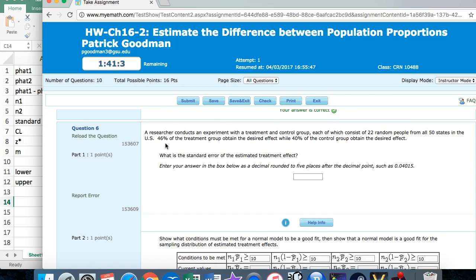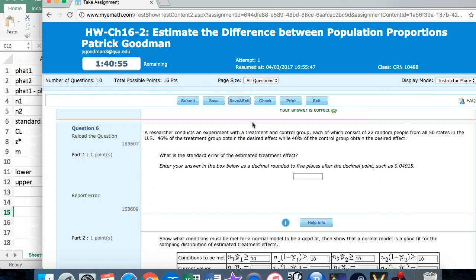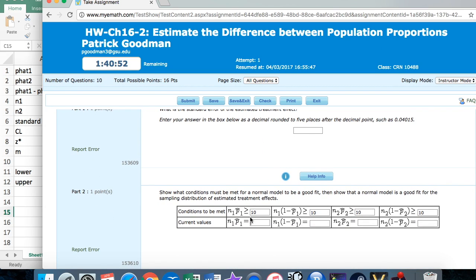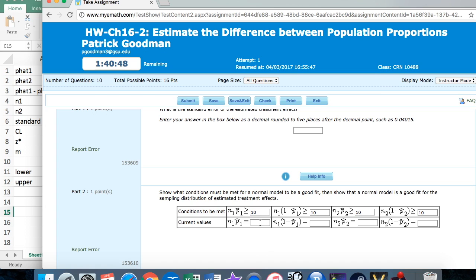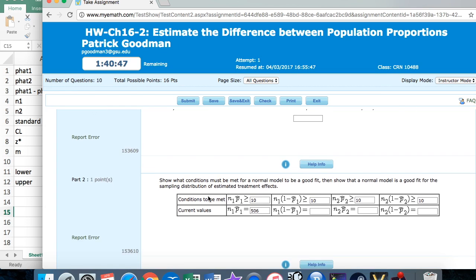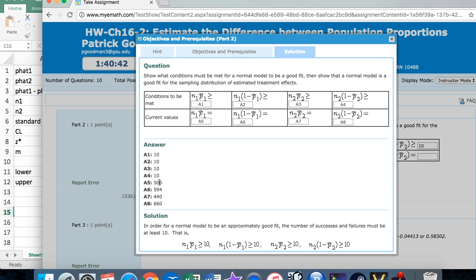My P1 was 46%, so it would be this number times 0.46. Yeah, so then this would be 506. Let's see if that was the first answer. Yeah, it is, 506. So that's how you do that problem.